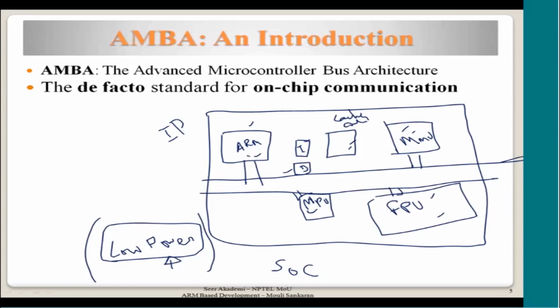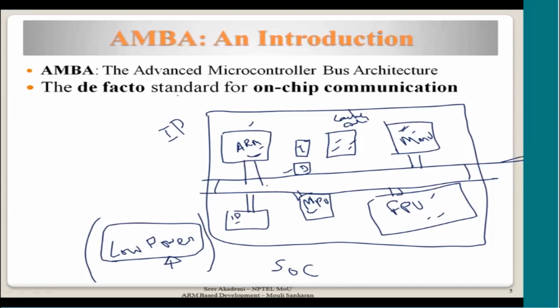So it is not enough if only these IPs are given, but there should be some standard interconnect also defined along with these IPs. Then it will be easier for people to buy these IPs and build their own IPs and interface with the rest of the modules.